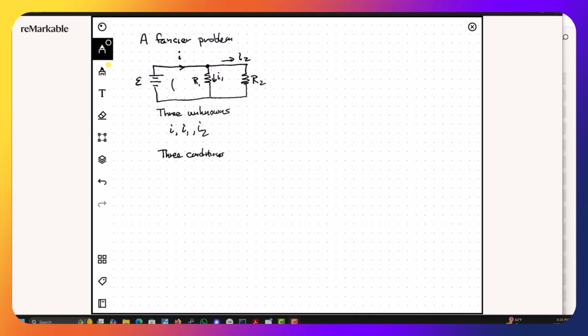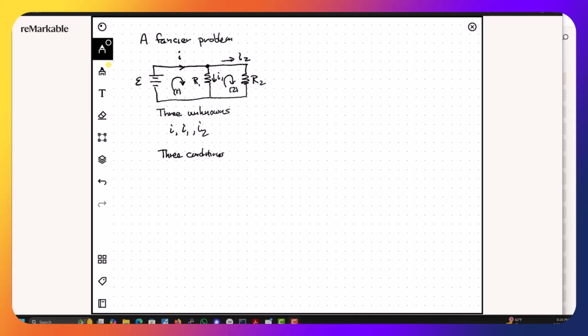We'll call that one loop 1. We'll call this loop 2, and then we'll look at that junction. All these problems look alike, right? You assign the currents, you guess the currents. It doesn't matter what you guess. You just stick to it once you've guessed it. You pick some loops, you identify some junctions.